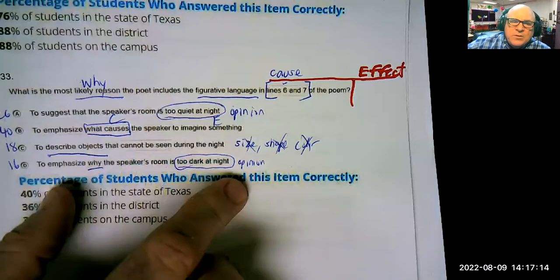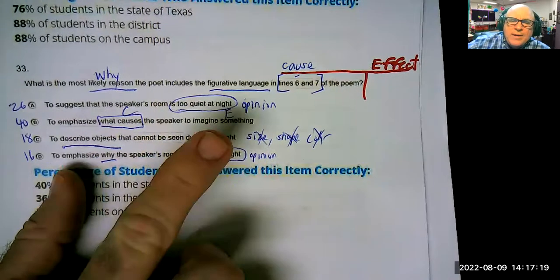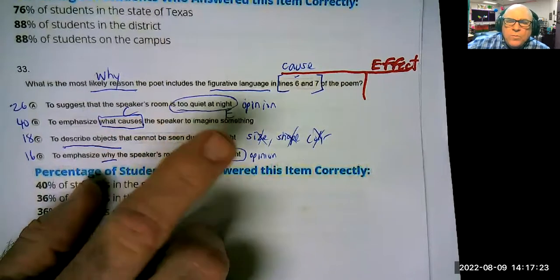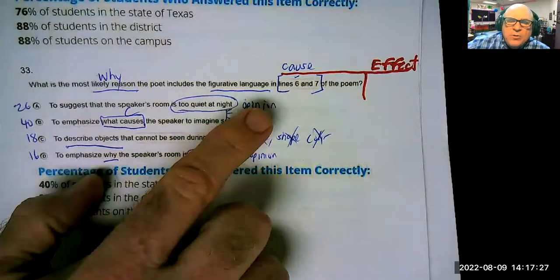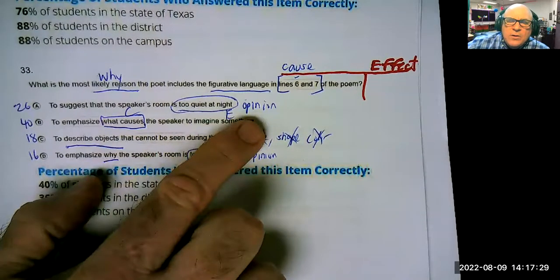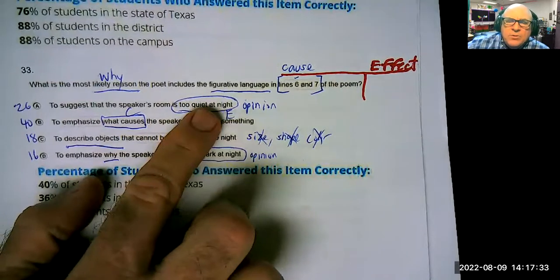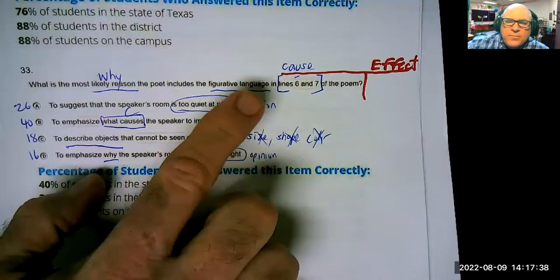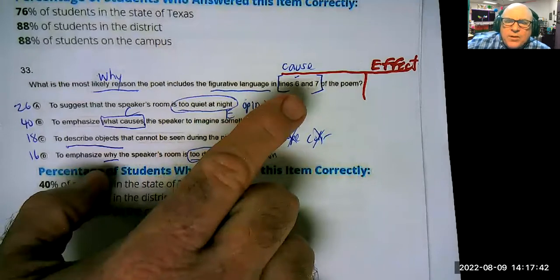The answer choices say A, to suggest that the speaker's room is too quiet at night. So make an O, an oblong O, for opinion. So if in that stanza we read through it and we can see something, oh, it's too quiet in here, then we're going to be able to justify the use of personification. And right now you don't even know what personification is.